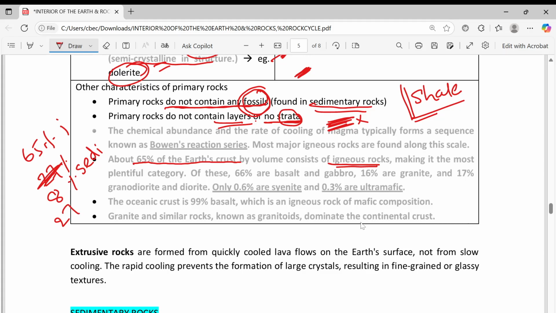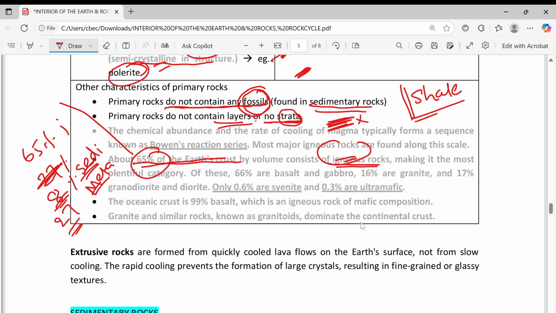Then 27% is metamorphic rock. This is important, it is asked in various exams. So 65% of the earth's crust is igneous rocks, 8% is sedimentary rocks, 27% is metamorphic rocks.